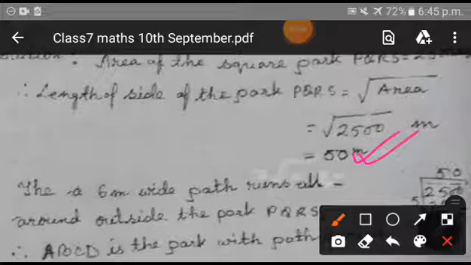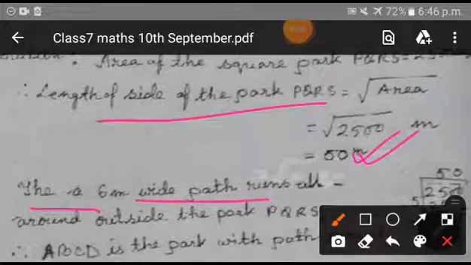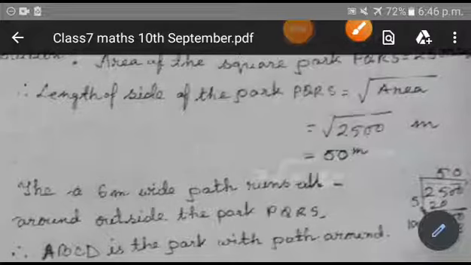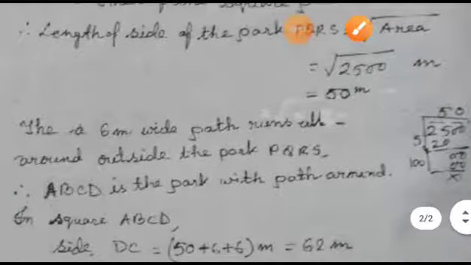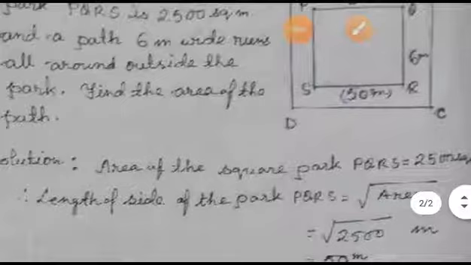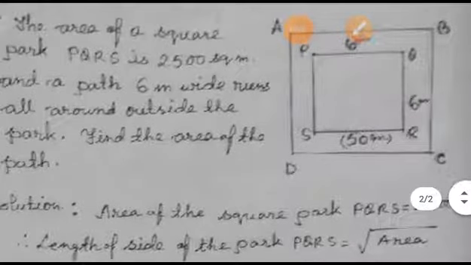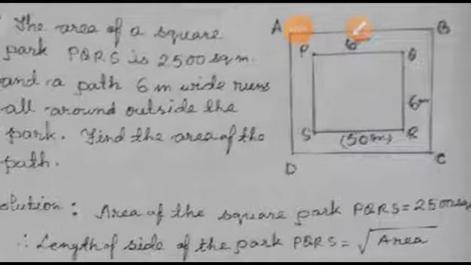Now this is actually the side of the park. Now it is said a 6 meter wide path runs all around the outside of the park. So here ABCD is the park with the path all around. We have found the side of the park, but now we will have to find the side of the square including the path.